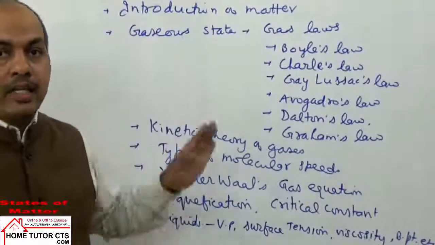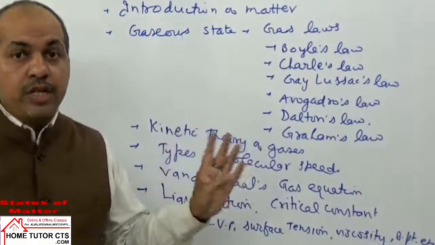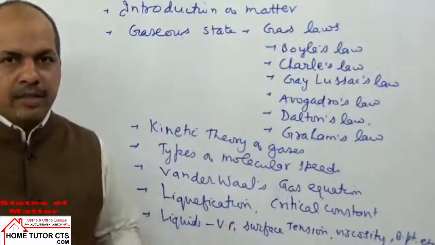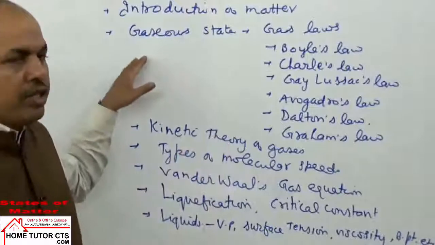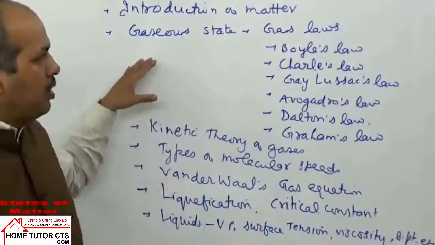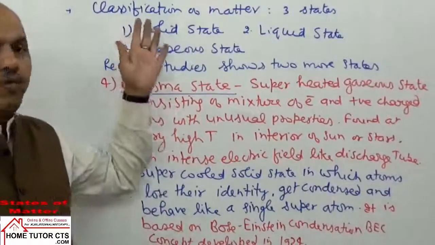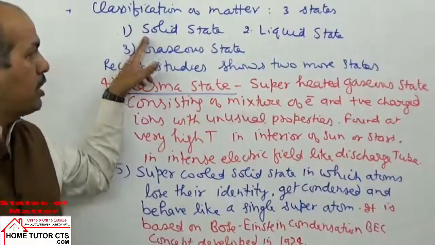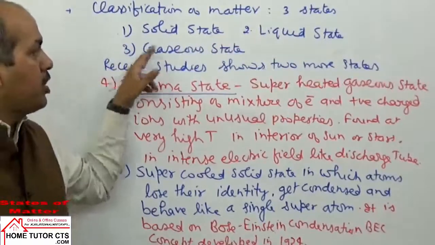Now matter can be taken in three states. In general we take solids, liquids and gases. Sometimes two more states have been recovered; one is called the plasma state, and we will discuss that. Now, classification of matter: we can have matter in three common states, the solid state, liquid state and gaseous state.